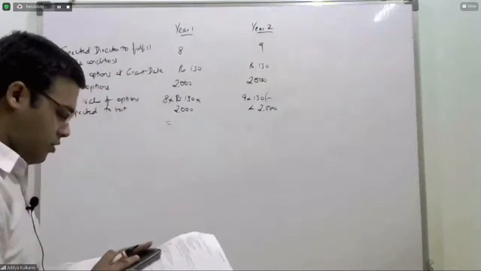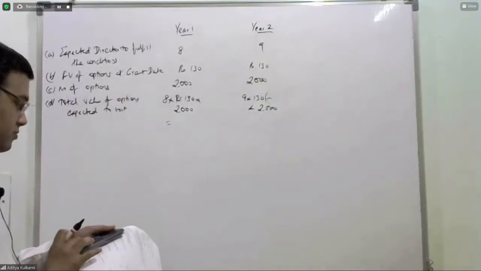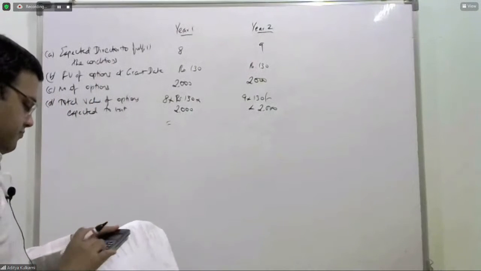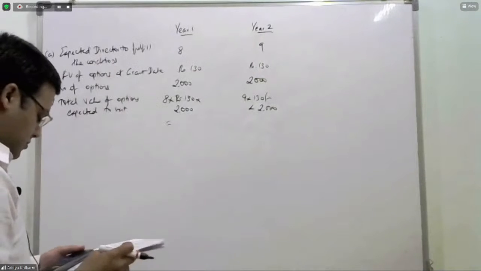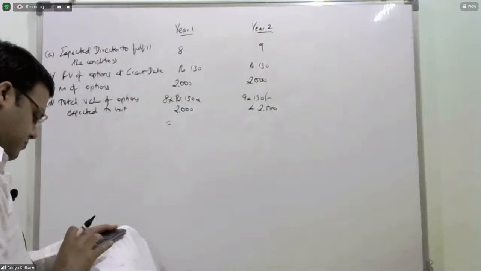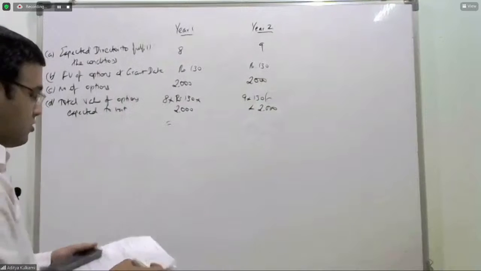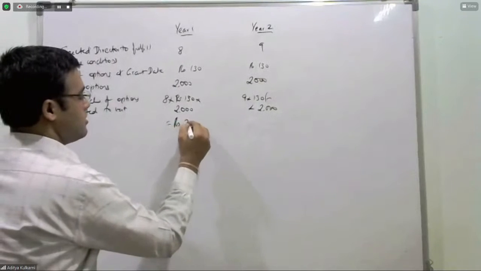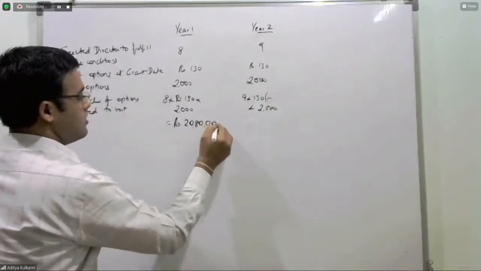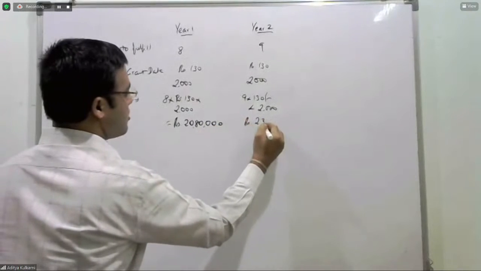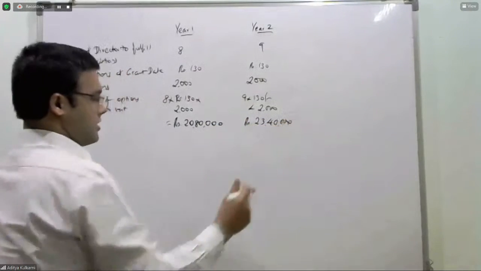So 20 lakhs 80,000 you thought here, and here it will come to 23 lakhs 40,000.